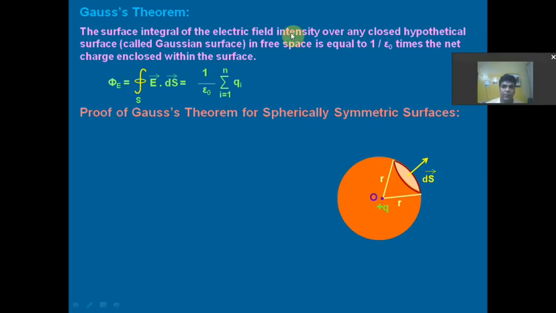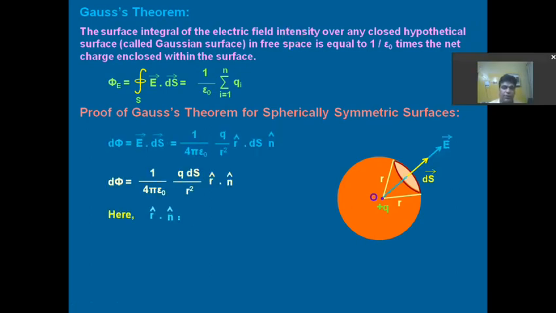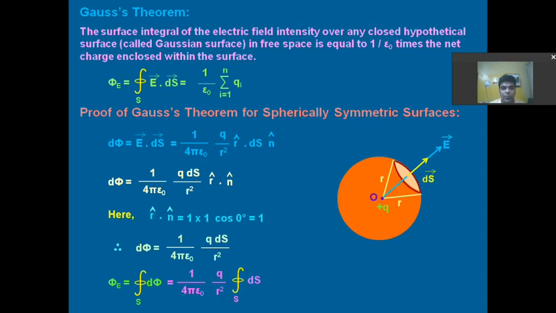The statement of Gauss theorem is important. The surface integral of electrical field intensity over any closed hypothetical surface, which is called a Gaussian surface, in free space, is equal to 1 by epsilon naught times the net charge enclosed within the surface.